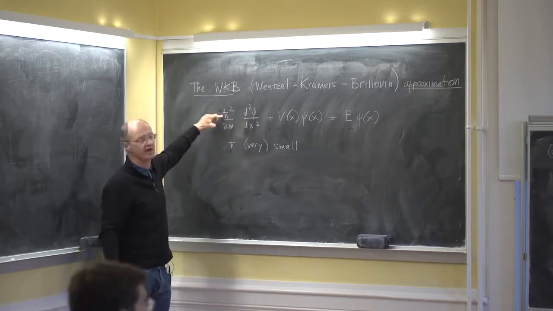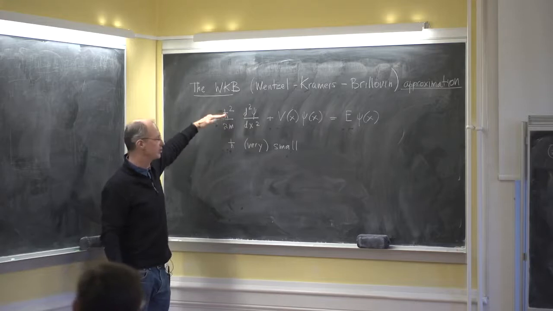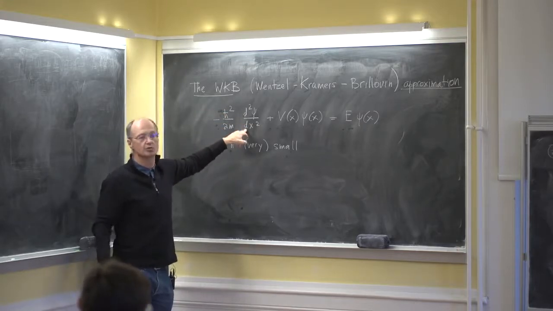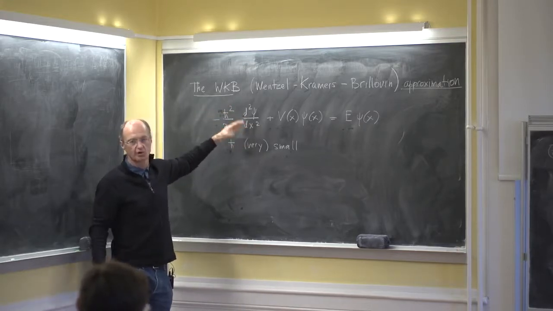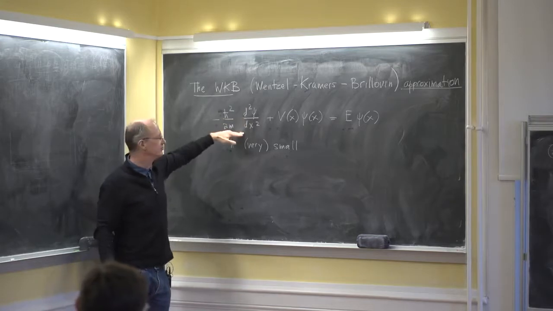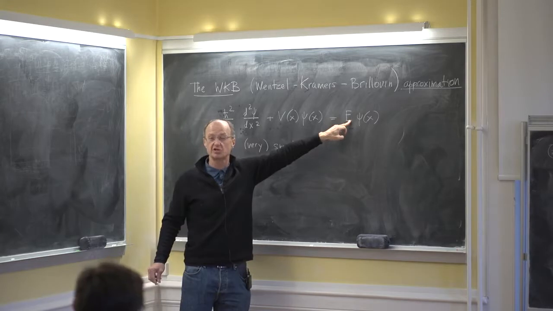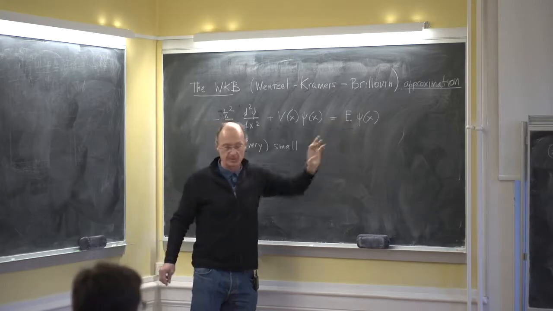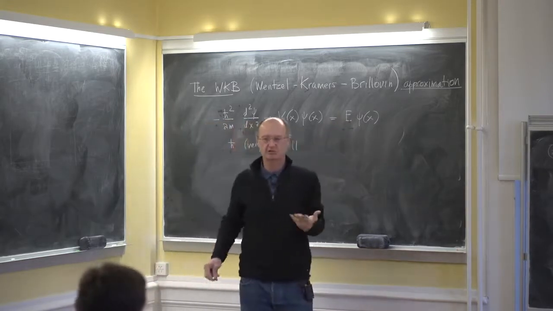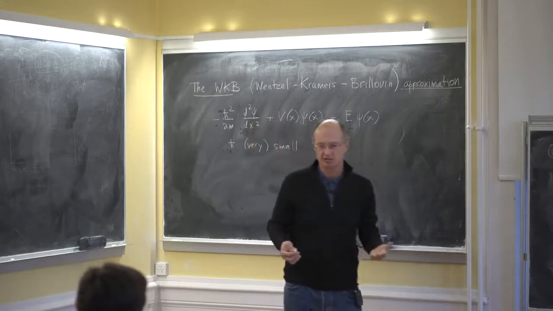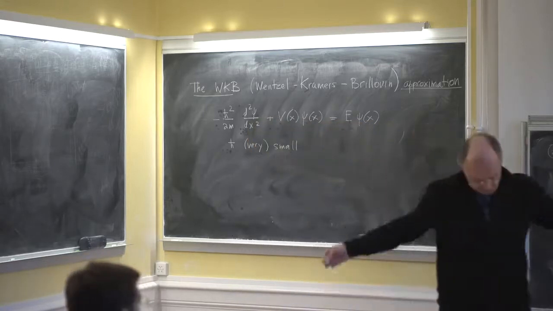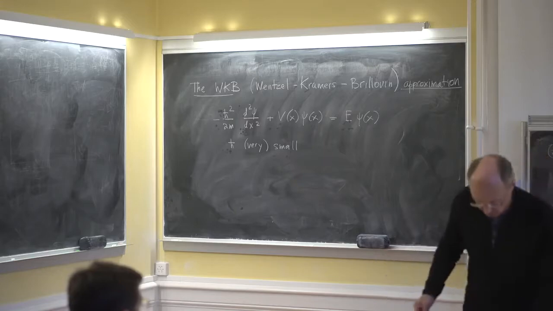Or if you rescale, you can divide everything by h squared. Then you will have a normal coefficient of order 1 in front of the second derivative, but then these terms will have huge coefficients, 1 over h squared. So in principle, this is a difficult and challenging limit of this equation.